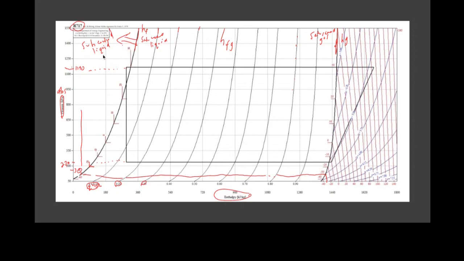We don't want to subcool the condensate in our steam plant because that's just extra heat we have to add to the condensate to boil it again, right? So we don't want to subcool the condensate in a steam plant, but in a refrigeration plant, it's a good thing. And we'll take a look very shortly at why subcooling is good for a refrigeration plant.